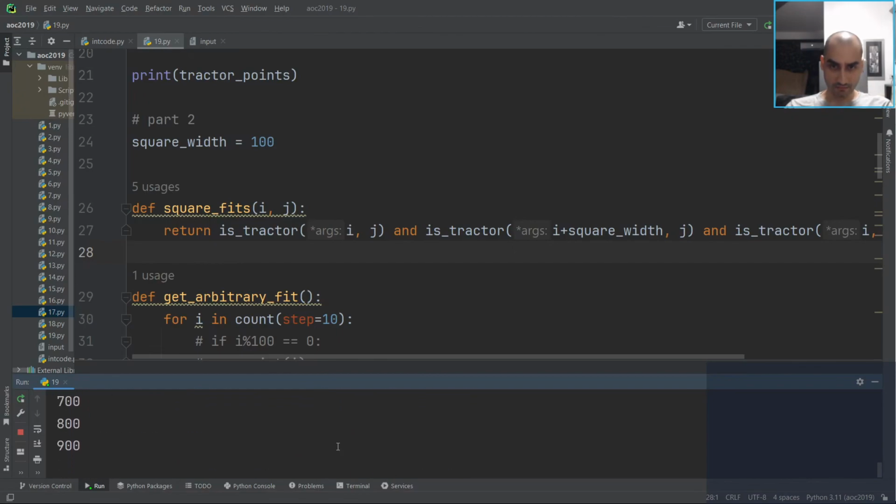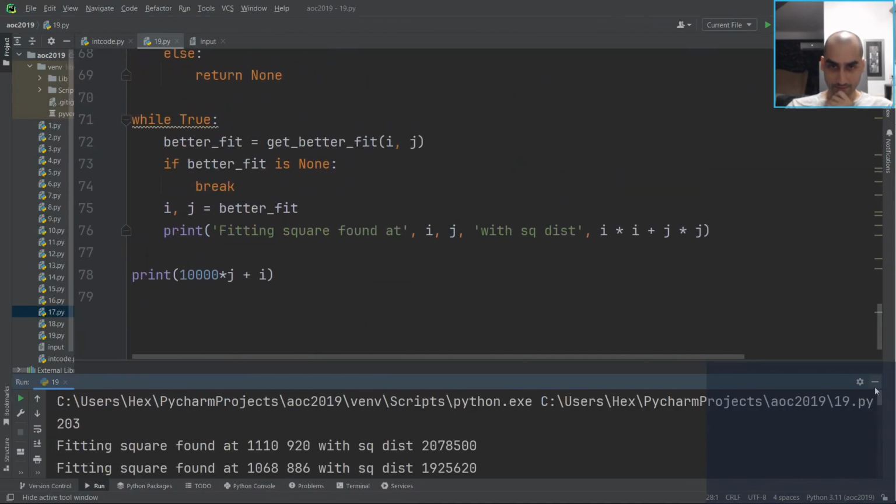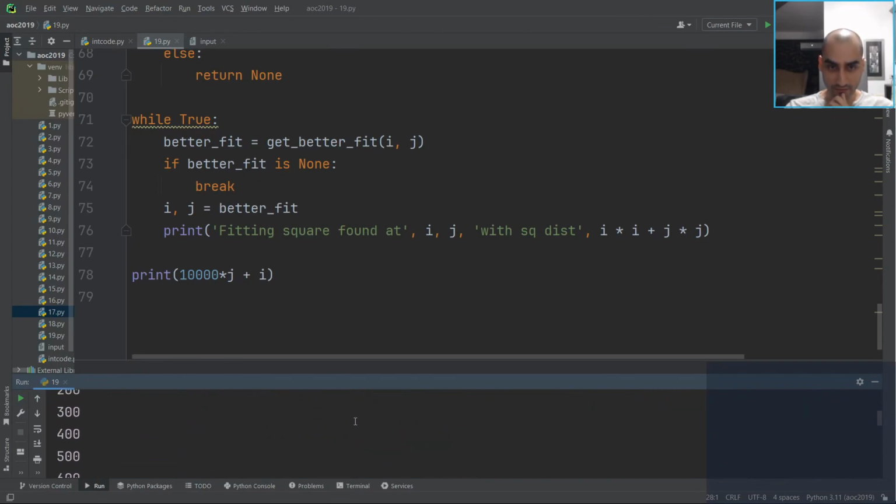Oh, we're finding better... What the... Oh, I see. Hang on, stop. 1911785. 1064883. And that's better than... We haven't checked that we improved. Alright.